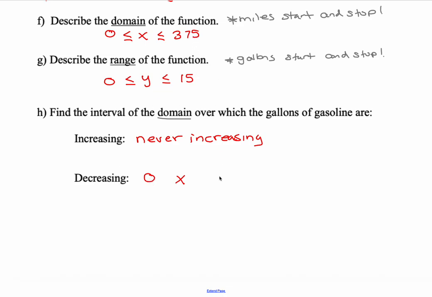It'll stop decreasing at 375 miles because it has now run out of gas. So we're going to put 0 is smaller than X. It's not equal to because it's not decreasing yet because it's just stationary. And then we're going to put X is less than 375. Again, because it's no longer decreasing, it's just stopped. It has no gas at all. So our decreasing is from 0 to 375.